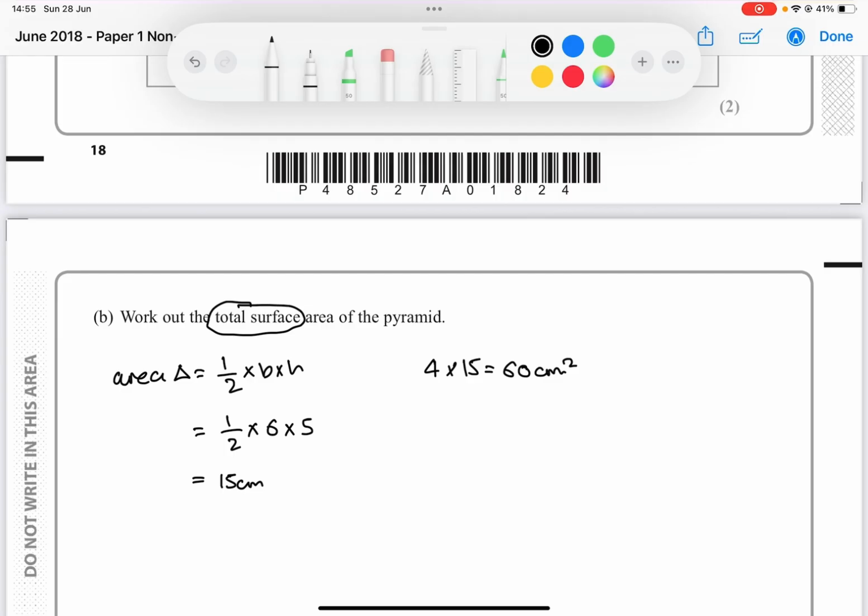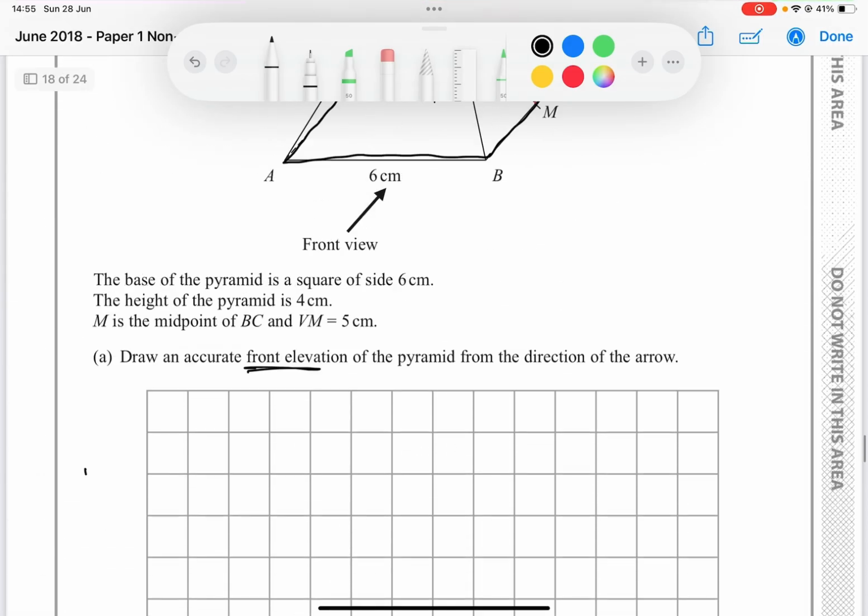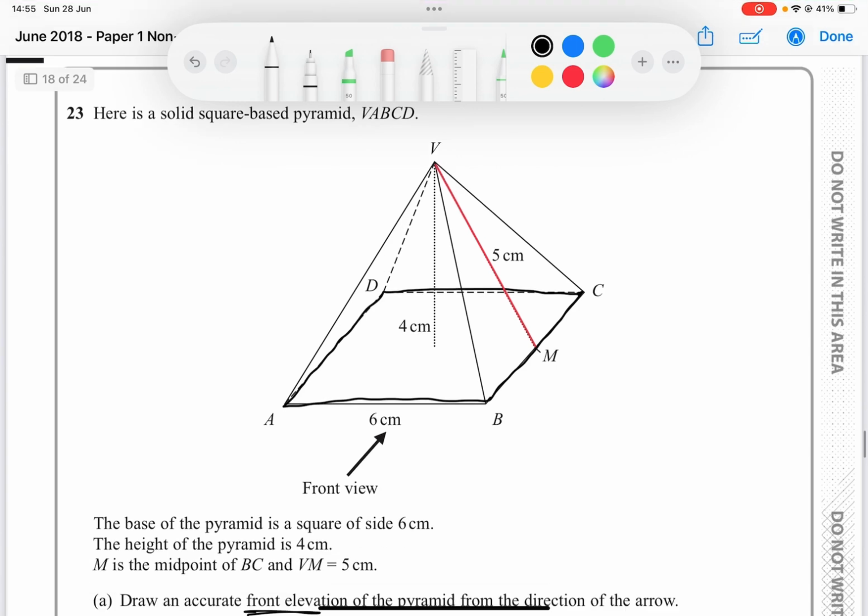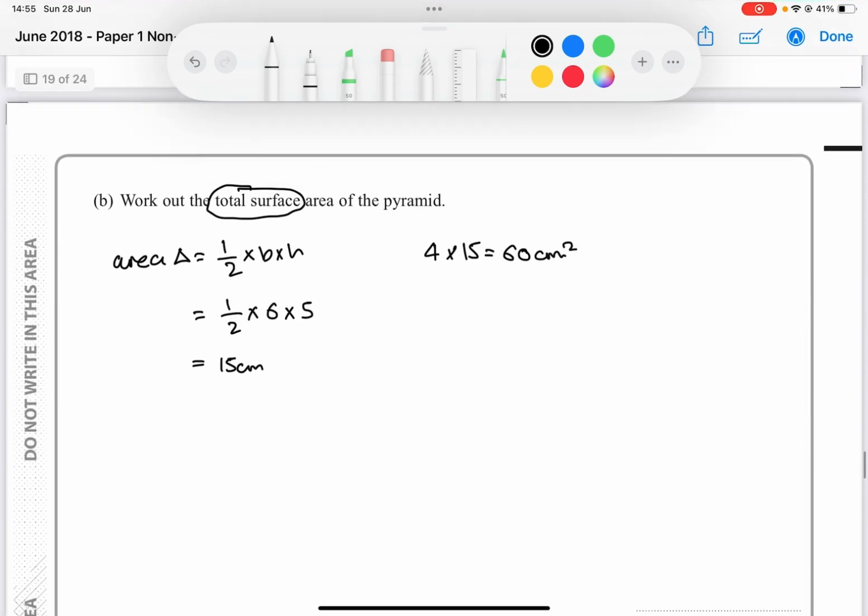Now we need to work out the area of the square. So area of the square is just going to be 6 times 6, which is 36. Because remember, area of the square is just base times height. The base is 6 and the height is also 6, so it's just 36.